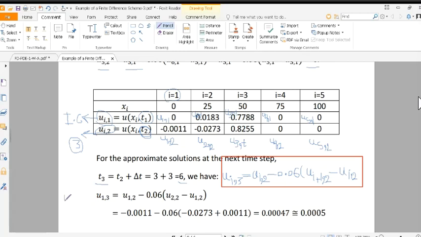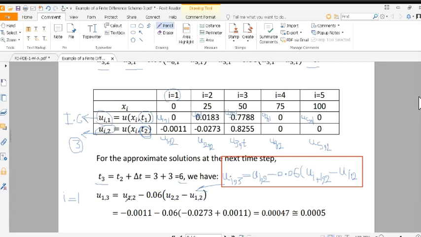First, we put i equals 1. Then u(1,3) equals u(1,2) minus 0.06 times u(2,2) minus u(1,2).